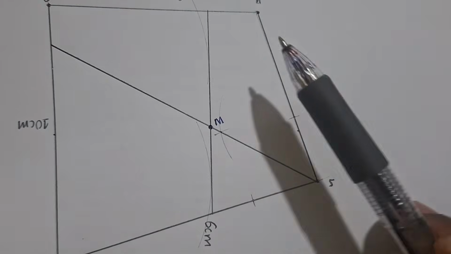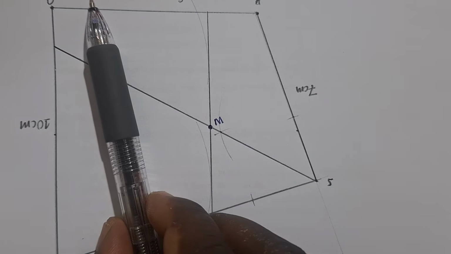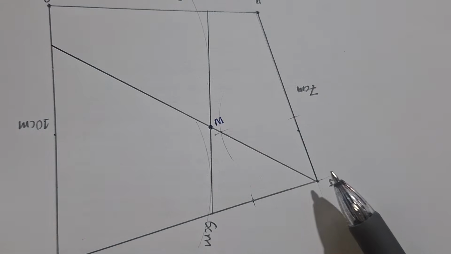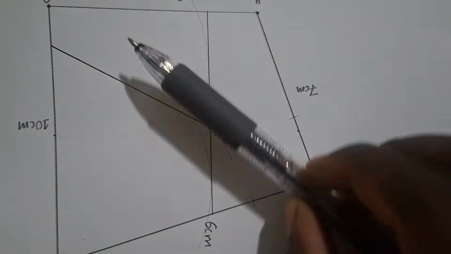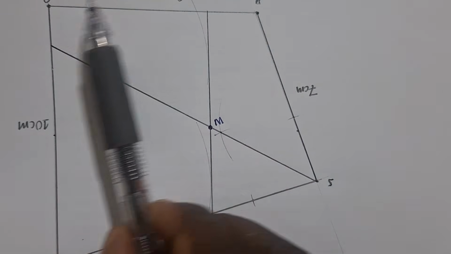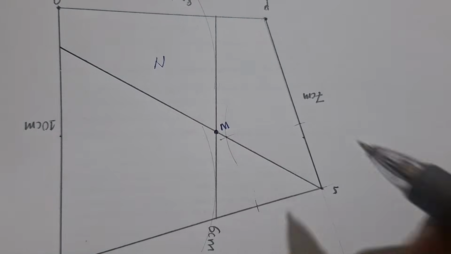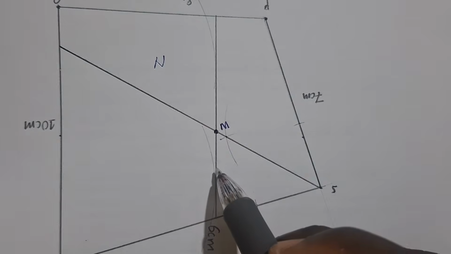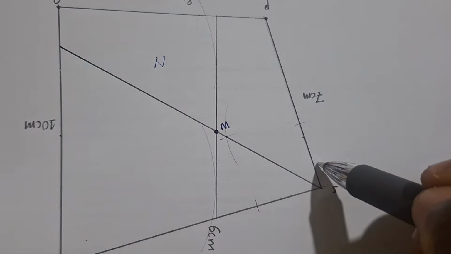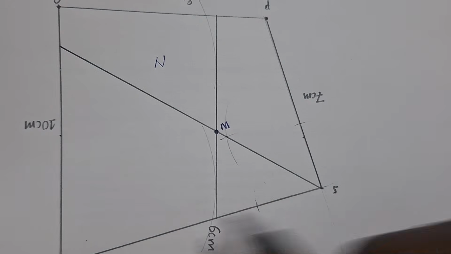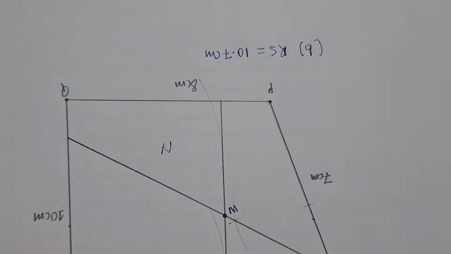So they're saying that point must be less than this 6 centimeters line. And it should also be nearer to PS than RS. So it should be somewhere this side and a little bit down or equal to this line. So meaning the point N must be this one, because this one is greater than 6 centimeters, but this one is less, and then it's to the side of PS when we follow this line, not RS. Okay, so this is what we are looking for. You indicate that that's your N, and then you label.